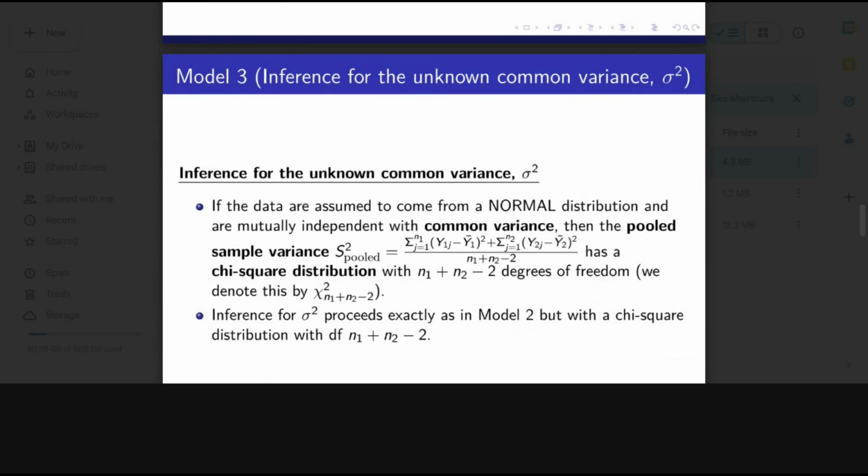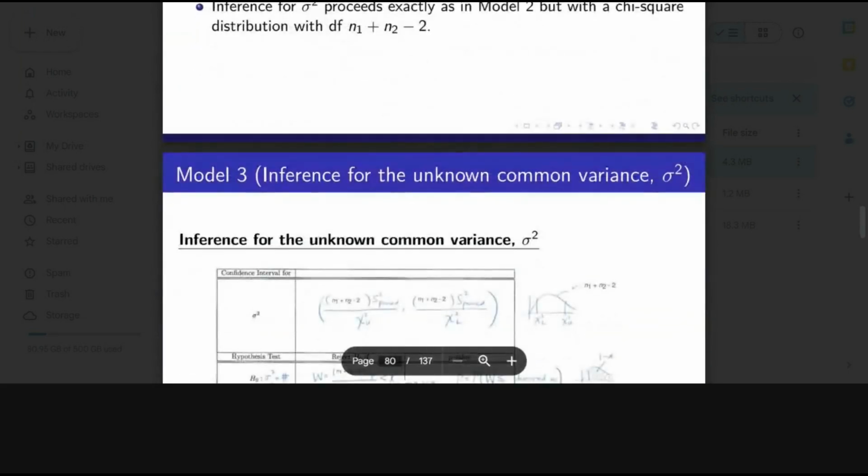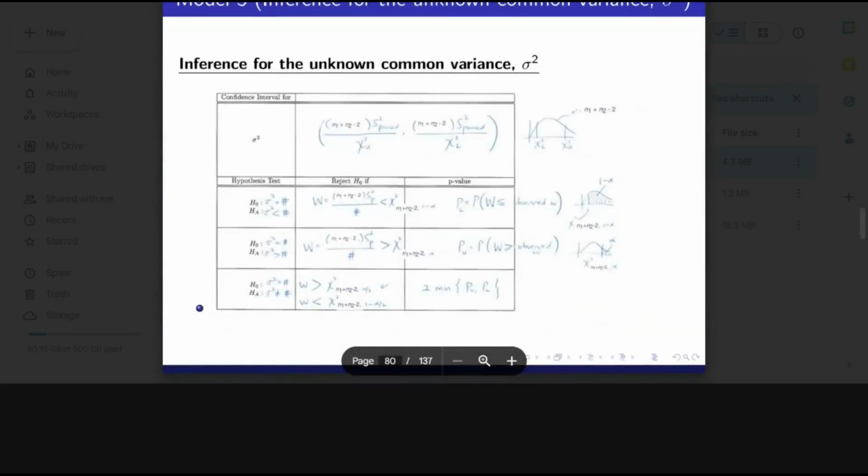If I know that this is chi-square with n1 plus n2 minus 2, then you just proceed by using that degree of freedom. Inference proceeds exactly as in model 2 but with a chi-square. So here's another table for you to look at. You should immediately compare it to what you know for when it was just the variance of one population.